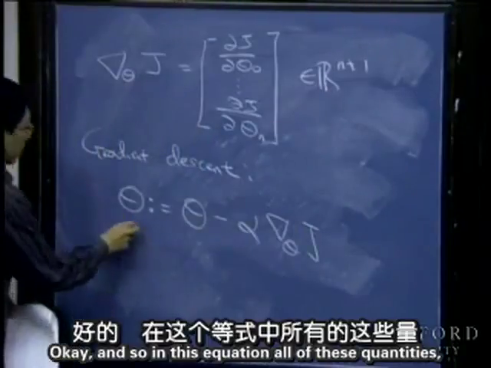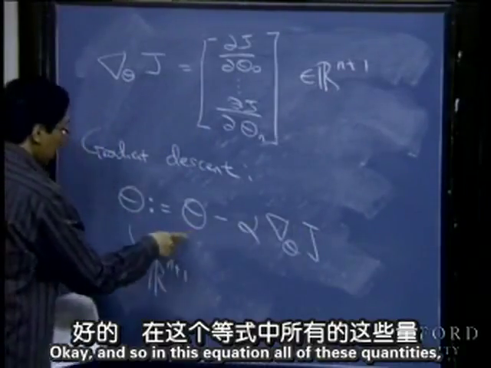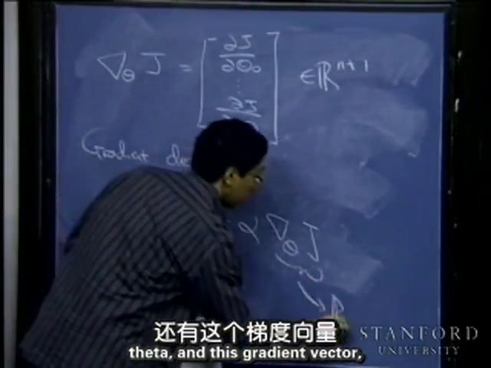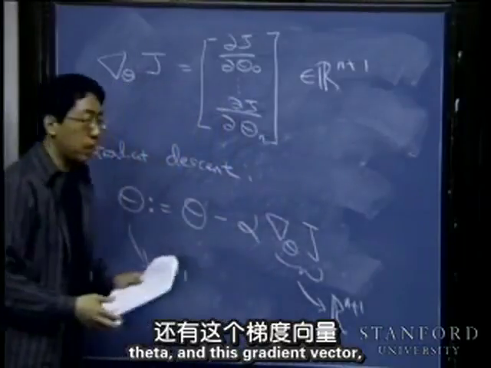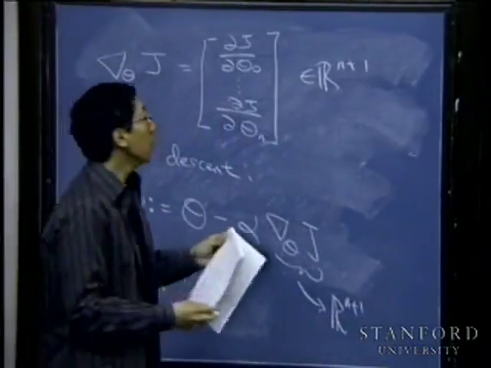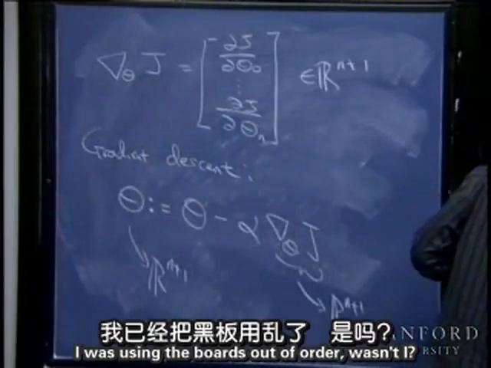Okay? And so in this equation, theta and this gradient vector, all of these are n plus 1 dimensional vectors. Oh, I see, right. I was using the boards out of order, wasn't I?